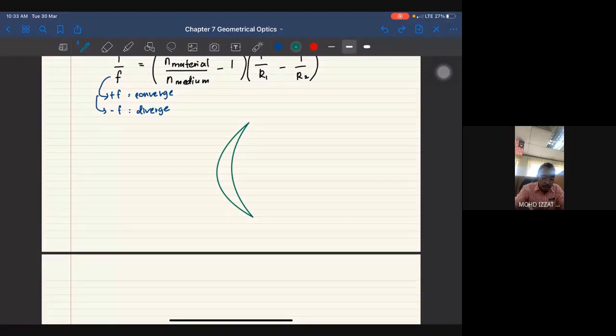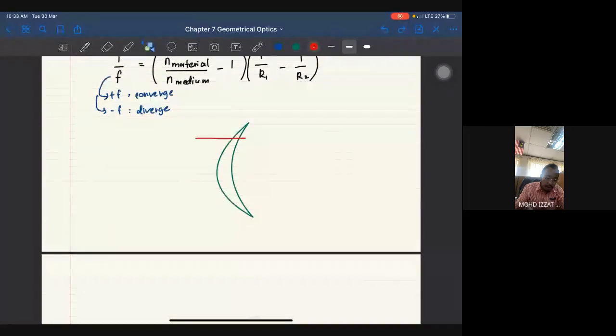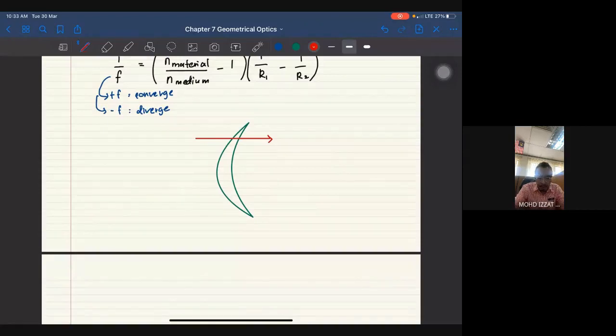Okay, let's say I choose my ray direction to be from left to right. Like that. If this is my ray direction, the first surface that the ray touches is your R1. The second surface that it touches is R2. Okay.